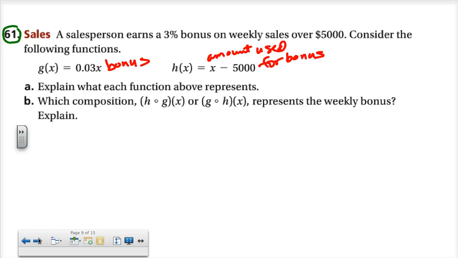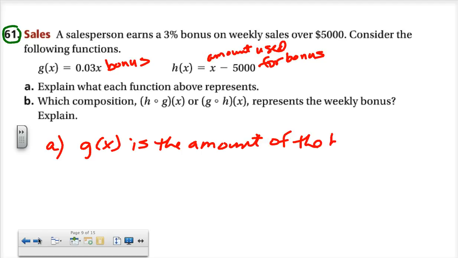Because the first thing you would have to do is take your sales, subtract 5,000, and then you could take whatever you have left over times that 3% bonus. So A is explaining what each function above represents. G of x is the amount of the bonus.